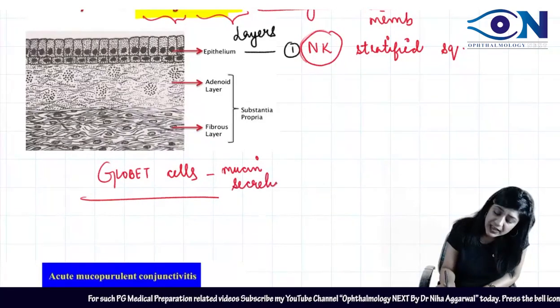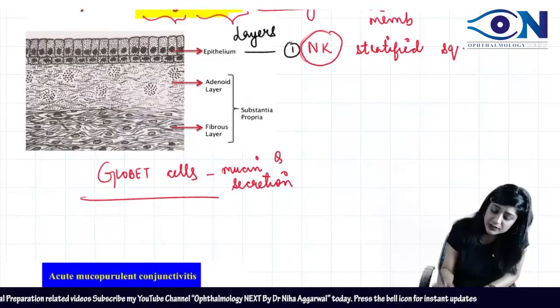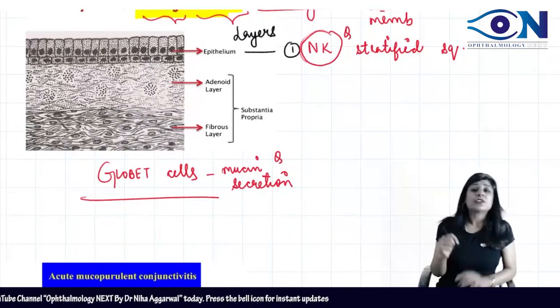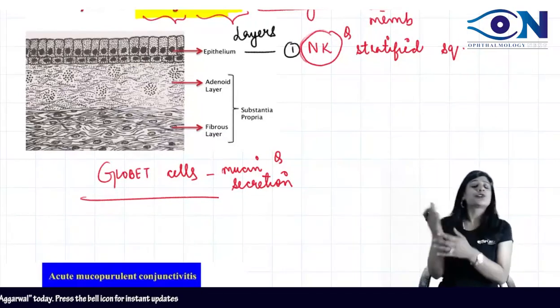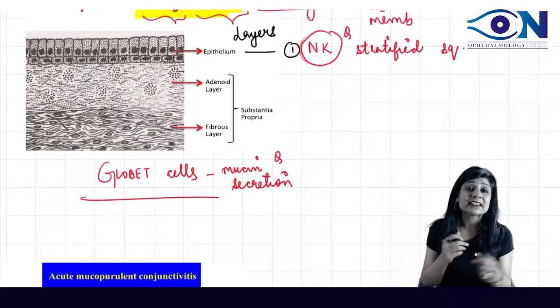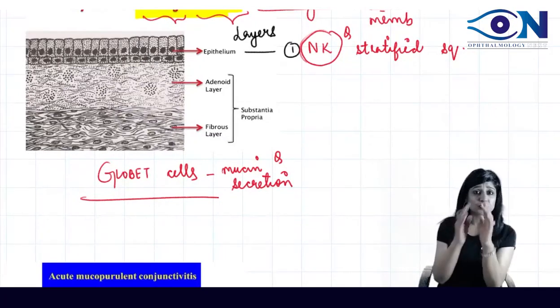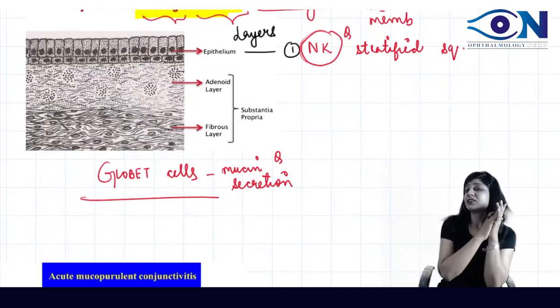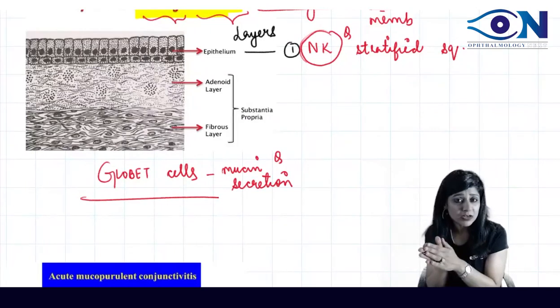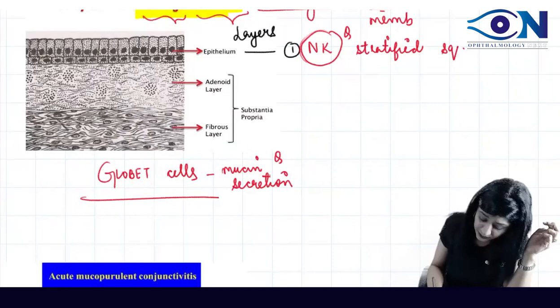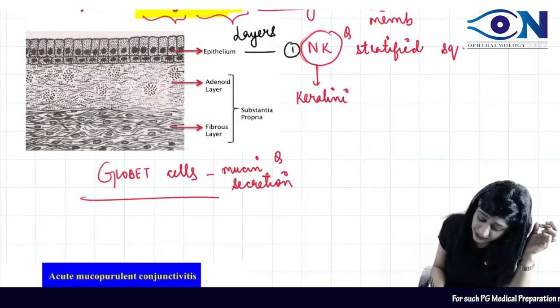If something goes wrong with these goblet cells, there will be no mucin secretion in the conjunctiva as well as the cornea.